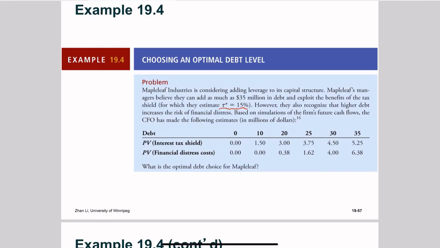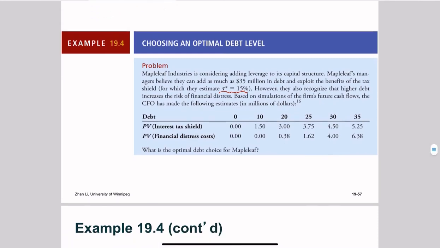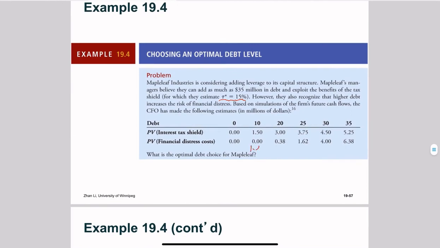So what we would do is compare benefit versus cost, right? So by comparing benefit and cost, we can find out what's the net benefit. So for example, here the net benefit is 1.5. This net benefit here is 3 minus 0.38, which is 2.62. So this would be 2.13.5.